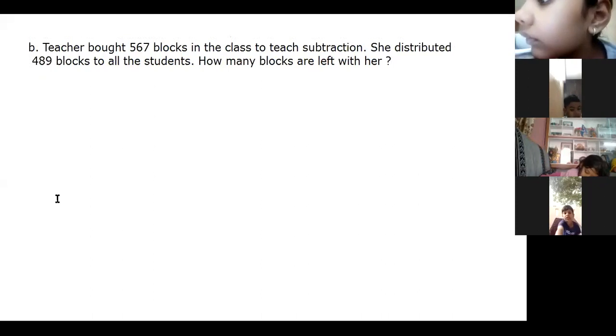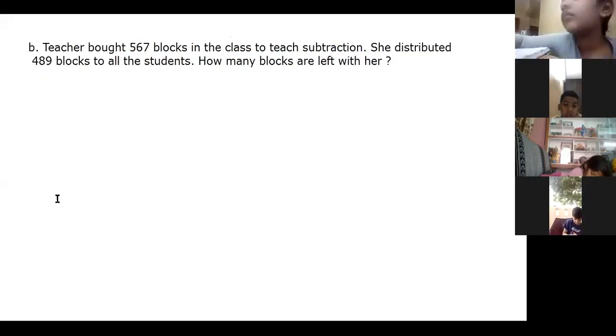Teacher bought 567 blocks in the class to teach subtraction. She distributed 489 blocks to all the students. How many blocks are left with her?